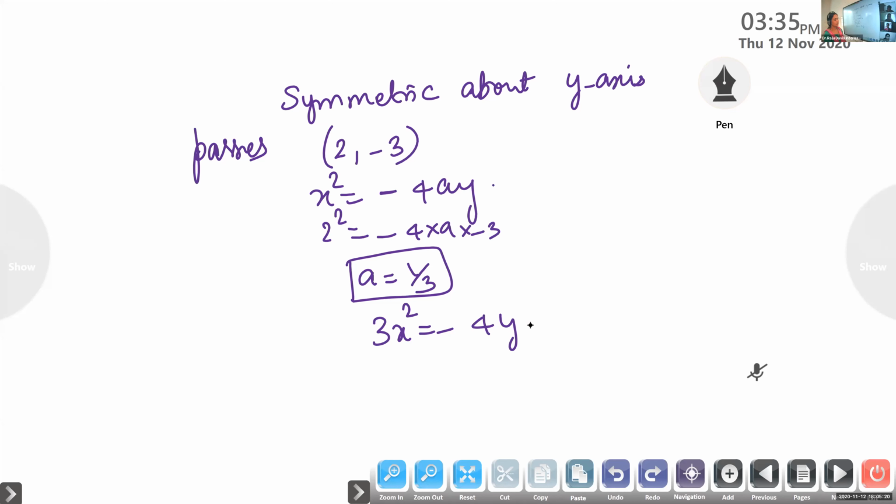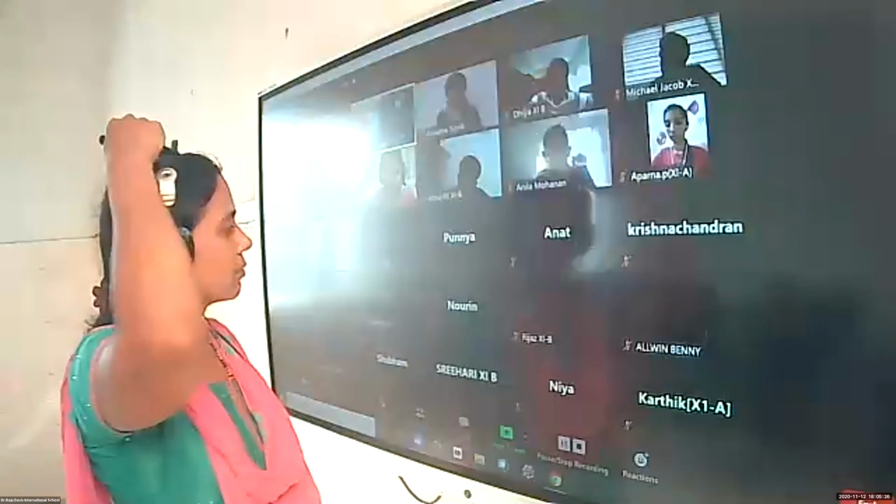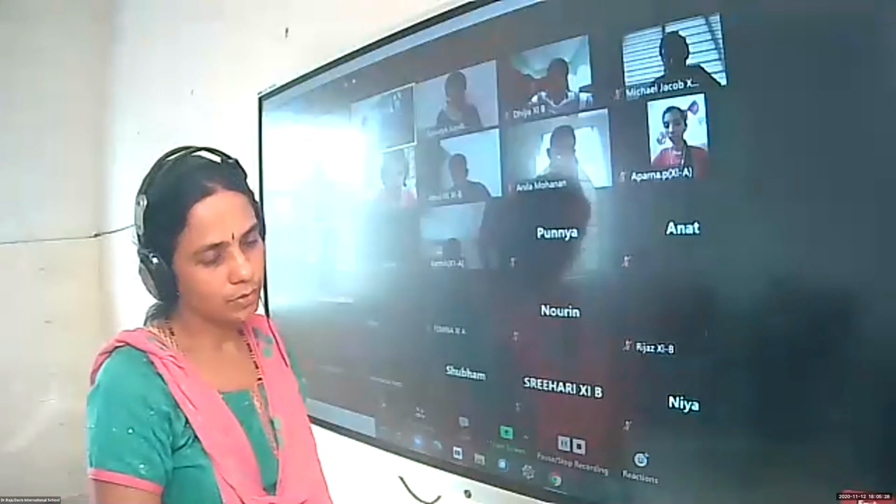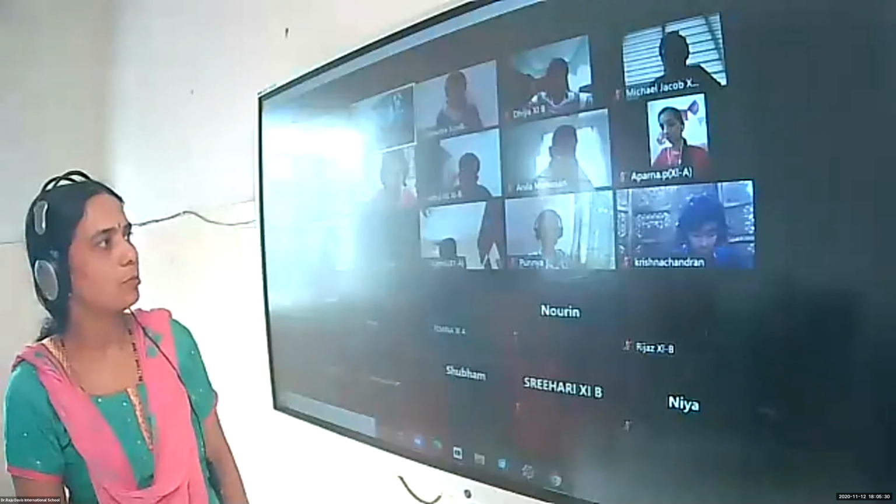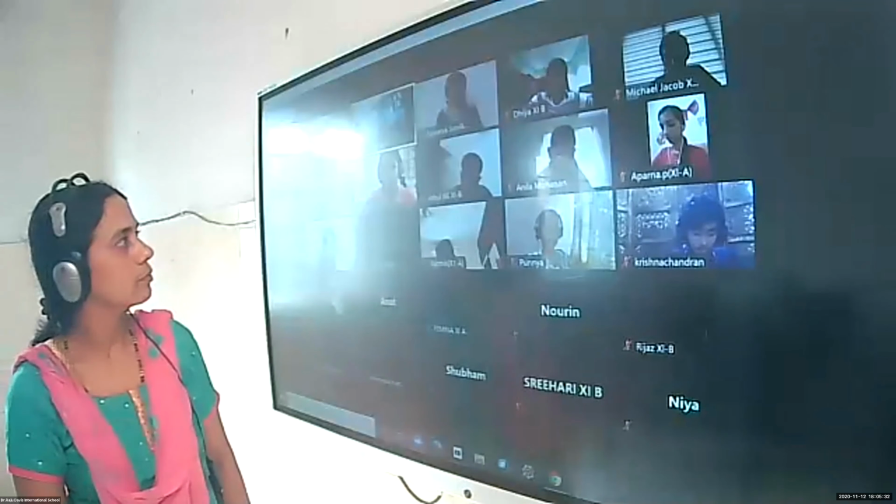So there are 4 types of equations of parabola. What are the 4 standard equations? Y square equal to 4ax, y square equal to minus 4ax, x square equal to 4ay, and x square equal to minus 4ay.